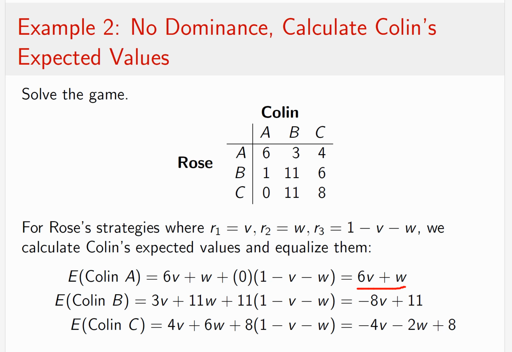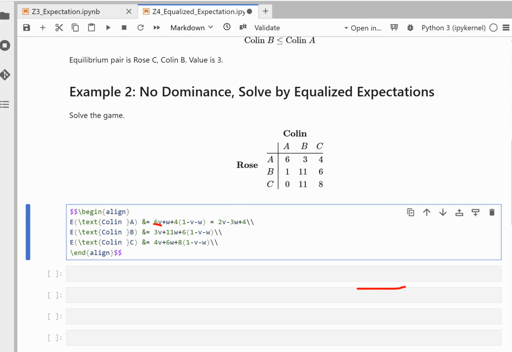Wait, what? Let me take a look at this. 6v minus 4v is 2v. w minus 4w is minus 3w.